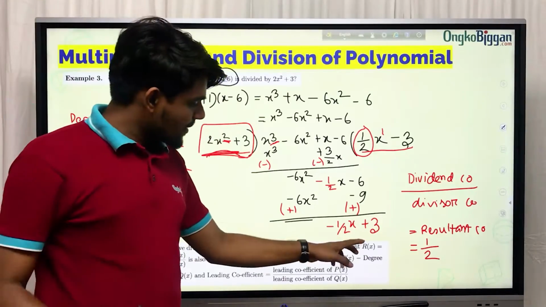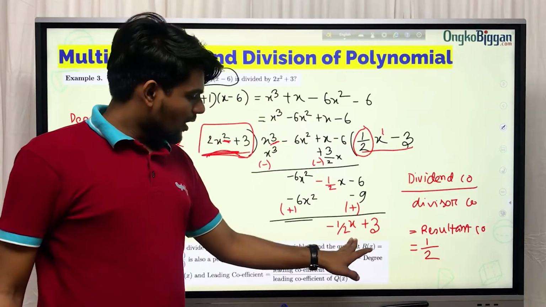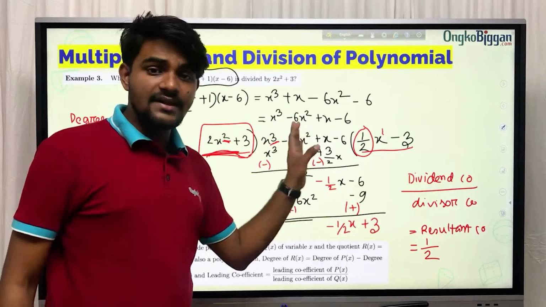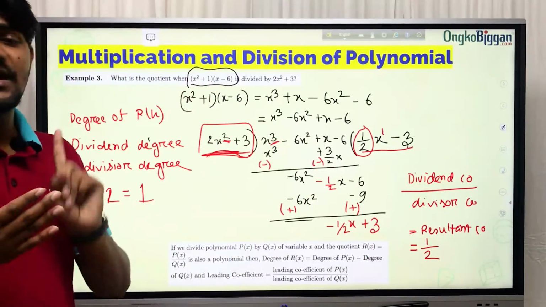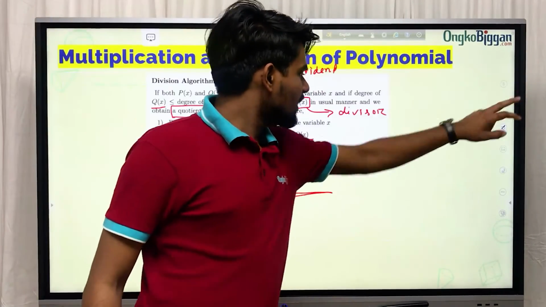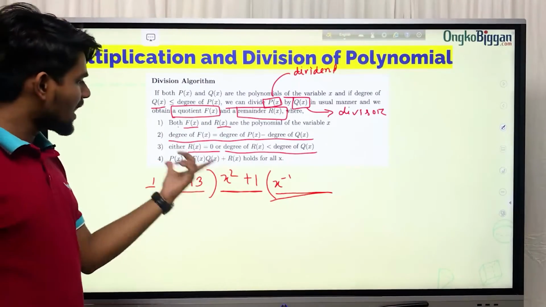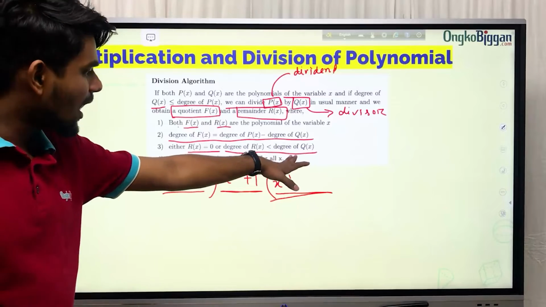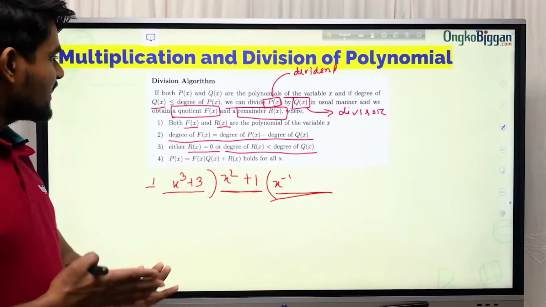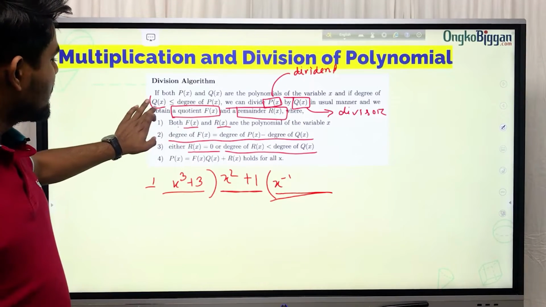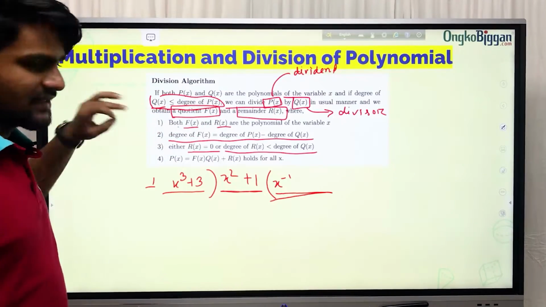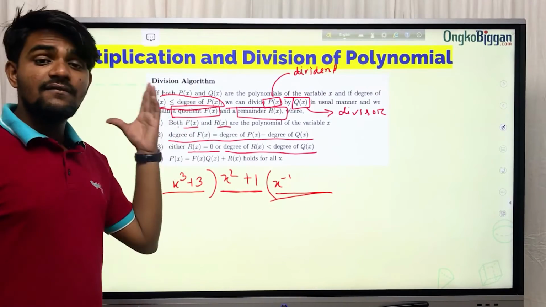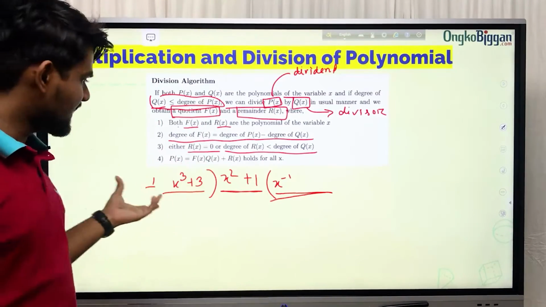But in the remainder we saw that the degree is 1, which is smaller than the divisor. So it proves that the degree of the remainder will always be smaller than the degree of the divisor, or the remainder can be 0.